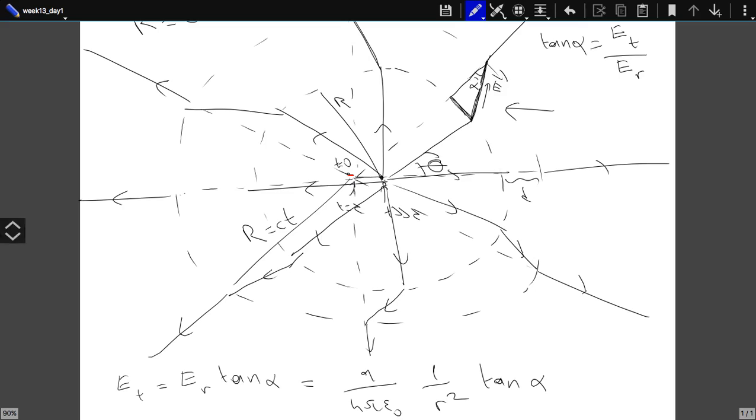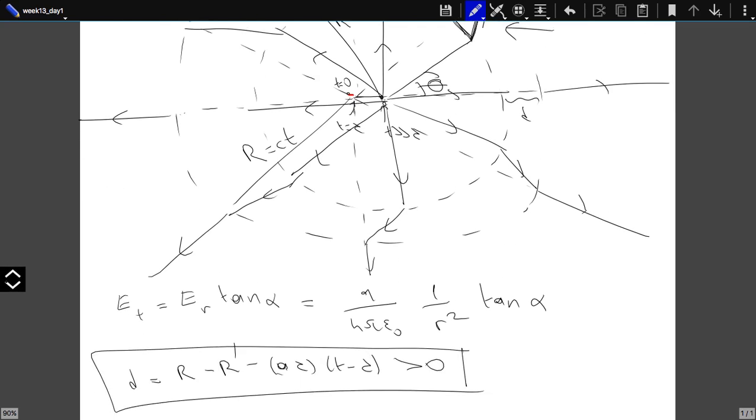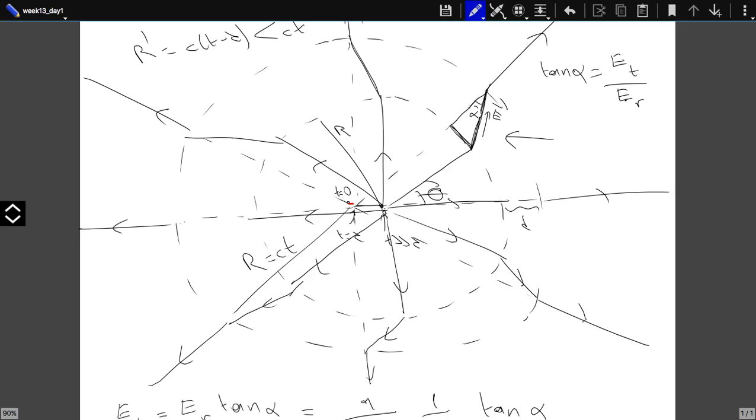Now let's see what this tangent alpha is. On one hand, I know that tangent alpha is the tangential component of the electric field divided by the radial component of the electric field.